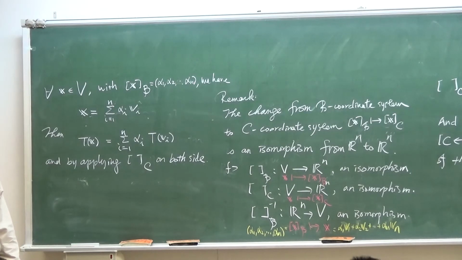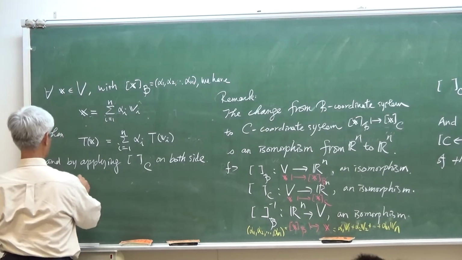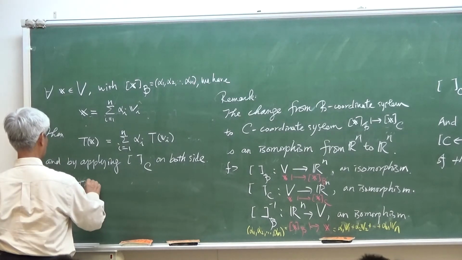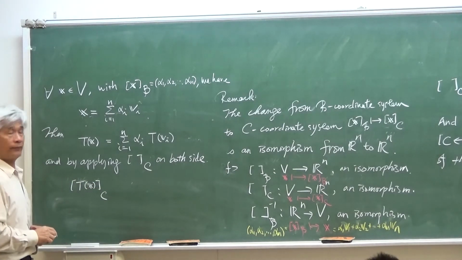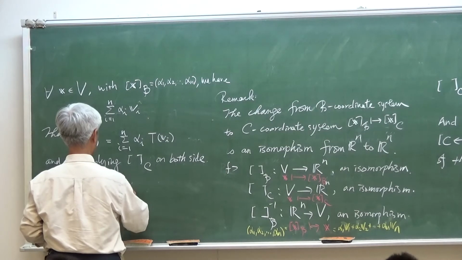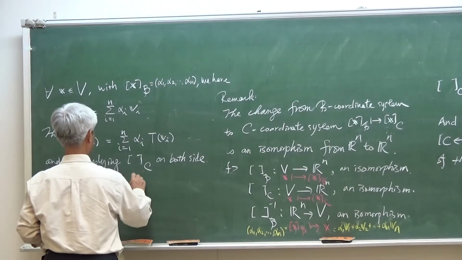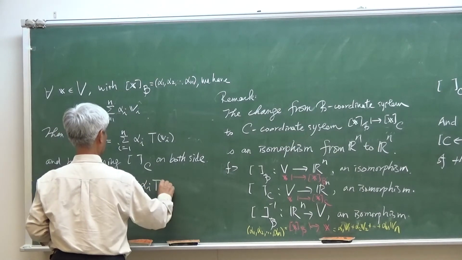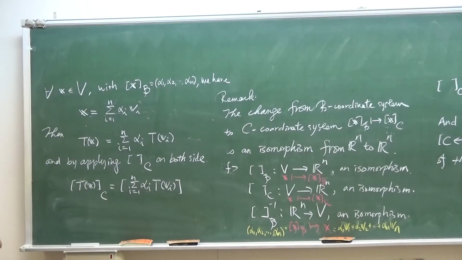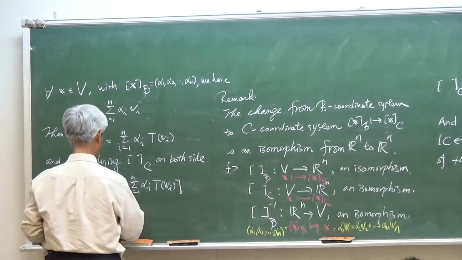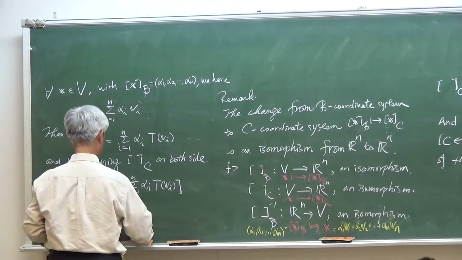The codomain W. So T(x) in the C coordinate system comes to, once again, because taking coordinates is an isomorphism, it's linear, so we have that.